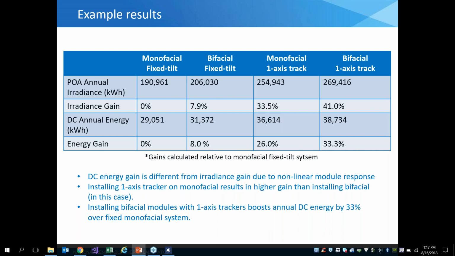But the main point of any of these trade-offs is to provide more value to the system. I'm not a cost modeling expert for tracking systems or for bifacial, so it really comes down to figuring out the cost of installing a tracker versus the cost of installing bifacial. It'll be different for every system, but it's the kind of analysis that you can very easily do in SAM.